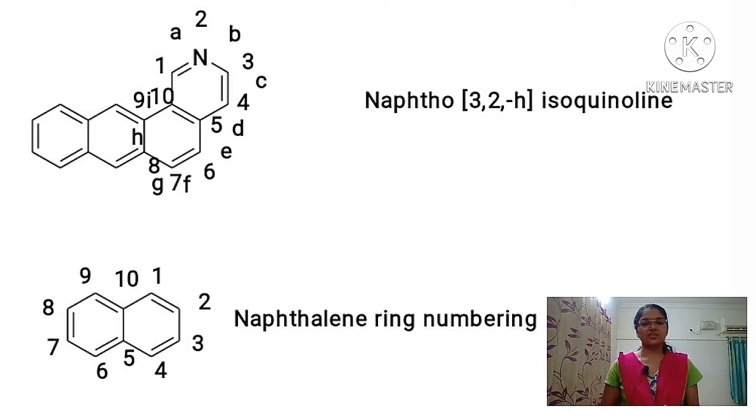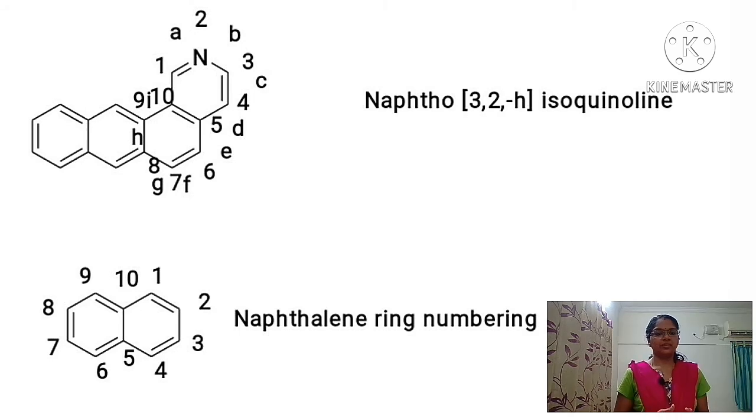So look at the structure for naming the condensed heterocyclic compound. In this structure, first we have to choose the heterocyclic ring with a simple name, and in this compound it is isoquinoline. Then we have to number the isoquinoline, starting with 1 at the carbon position and 2 as the nitrogen, like that.